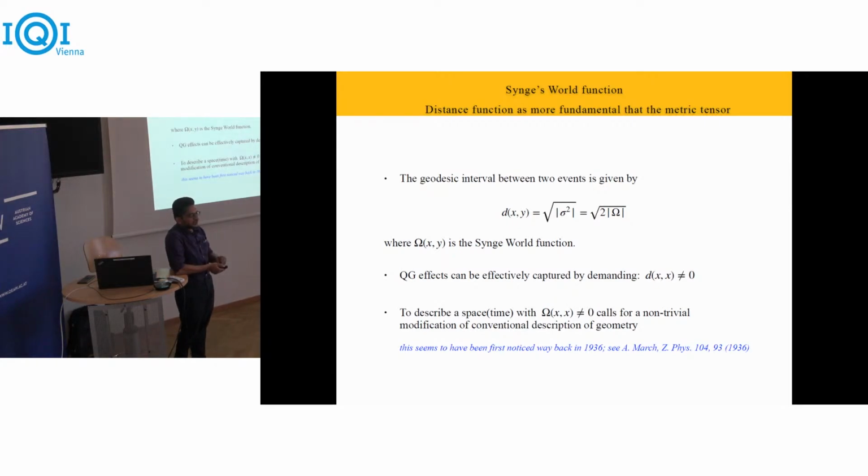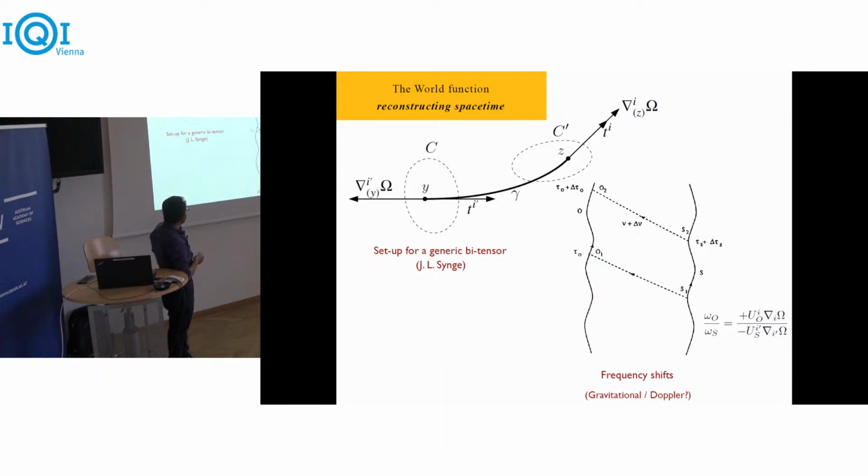That is completely messing with the standard axioms of metric spaces. Usually, when the points are coincident, one expects the geodesic distance to go to zero. So, what one is demanding here is that a quantum space time should be such that geodesic intervals have a finite limit when the points are coincident. That is the input you are going to put, and this I have already described. This can be very neatly done by taking the Synge world function, computing its covariant derivatives, and moving forward from there.